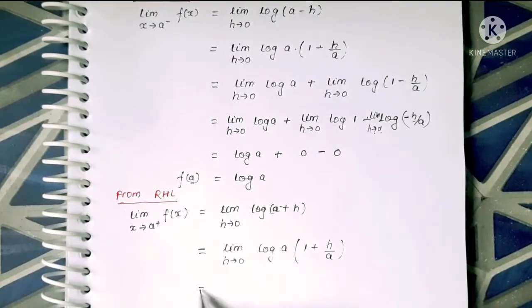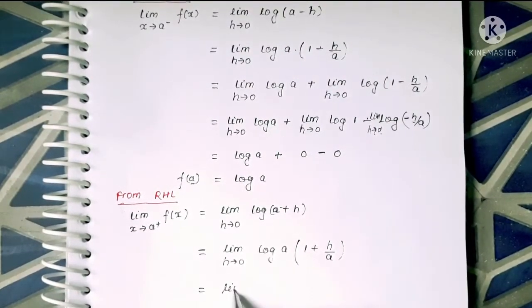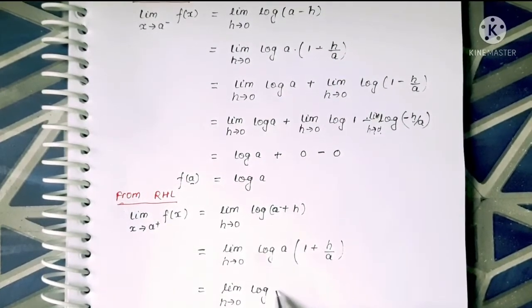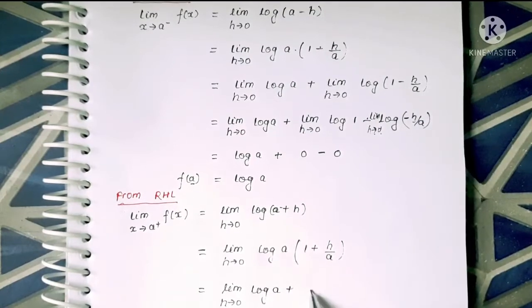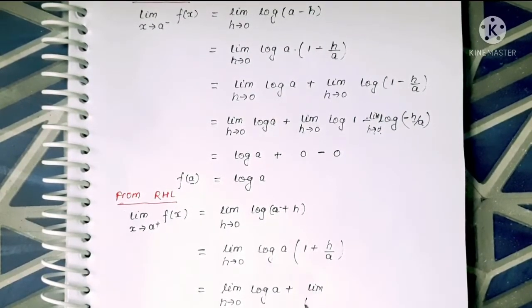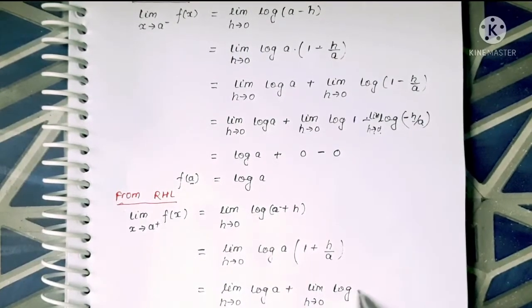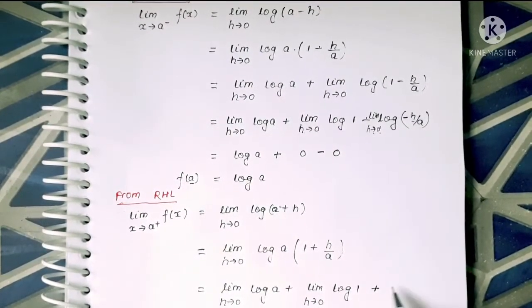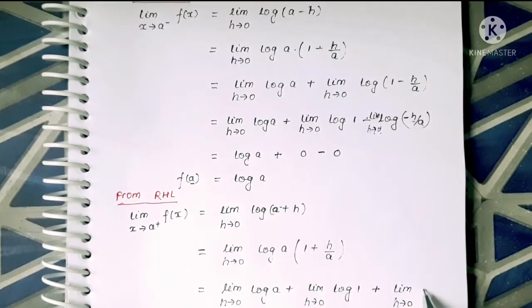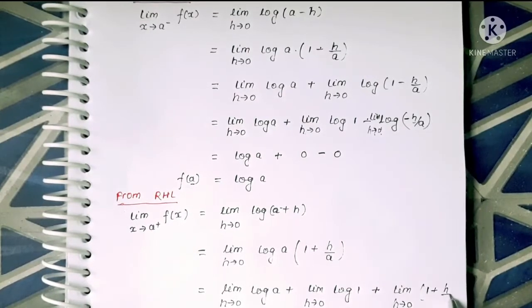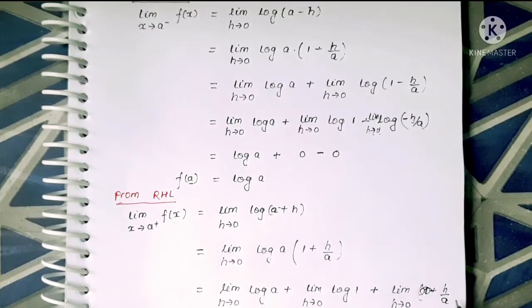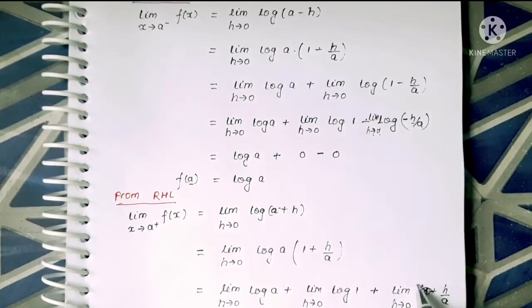So it will again become limit h tends to 0 log a plus limit h tends to 0 log(1 plus h by a).